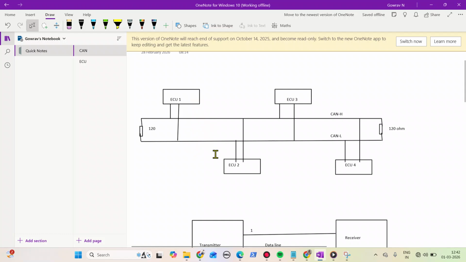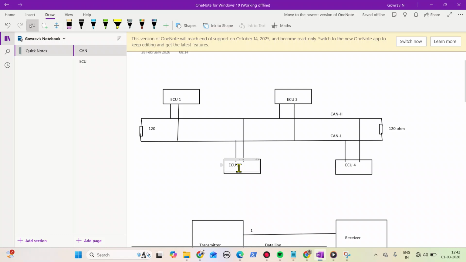Consider that ECU1's message has high priority, so that message gets transmitted on the bus first. Then the message which ECU2 was going to transmit will not be transmitted at that moment. Once ECU1 has transmitted its data completely and the bus is idle, then ECU2 will transmit again.